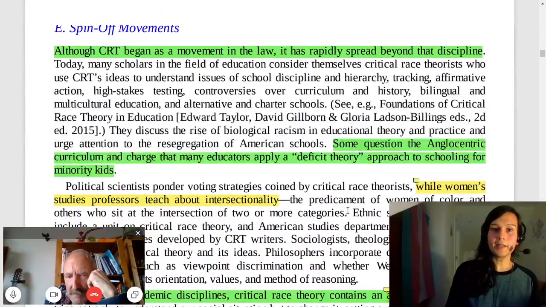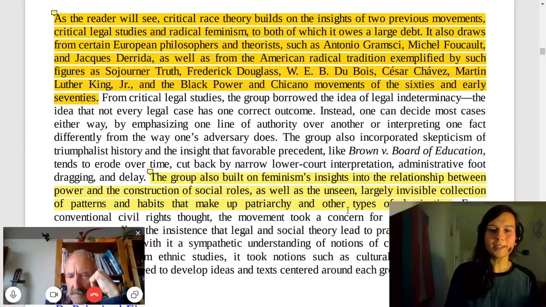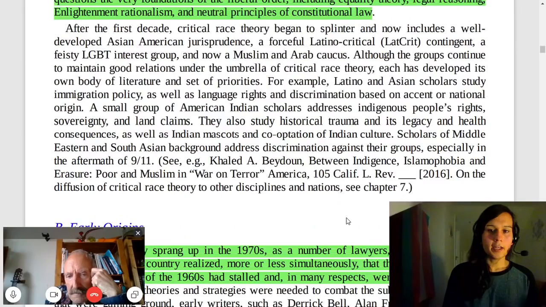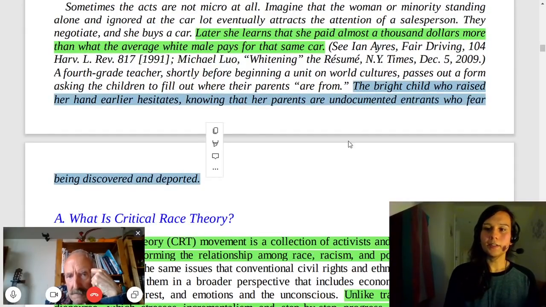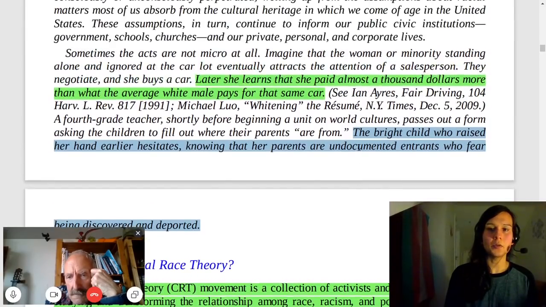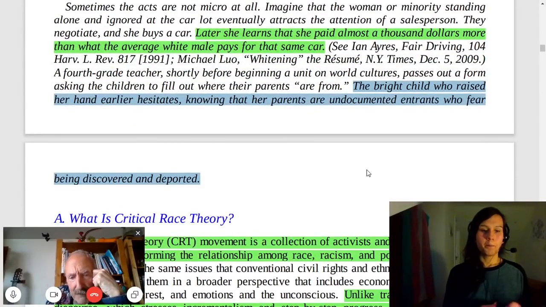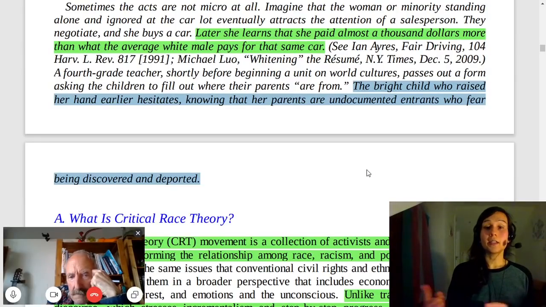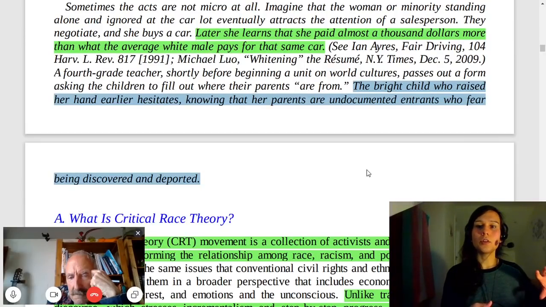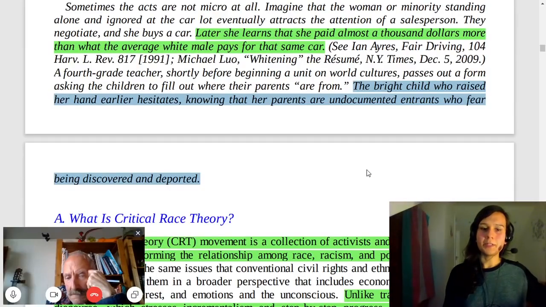Okay, I'll give a typical Marxist factory owner example, and this is the U.S. Immigration law. The bright child who raised her hand hesitates, knowing that her parents are undocumented entrants who fear being discovered and deported. This is an example of one of these acts that somebody might experience in life. Does that benefit the white elite materially? Let's say that child's parents are working in a factory, and the white documented members of that factory form a union and petition for higher wages.